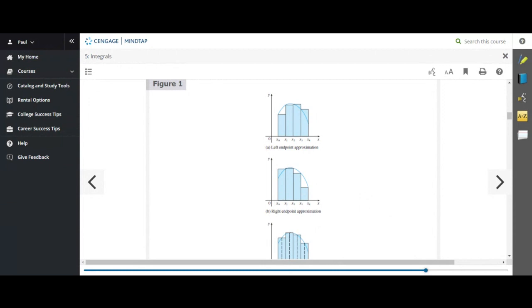So in Figure 1A, they have what's called a left endpoint approximation. Let me go to the whiteboard here and formalize that a little bit.